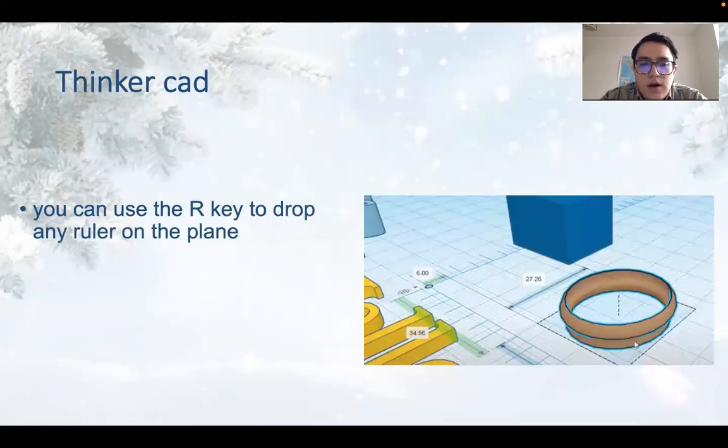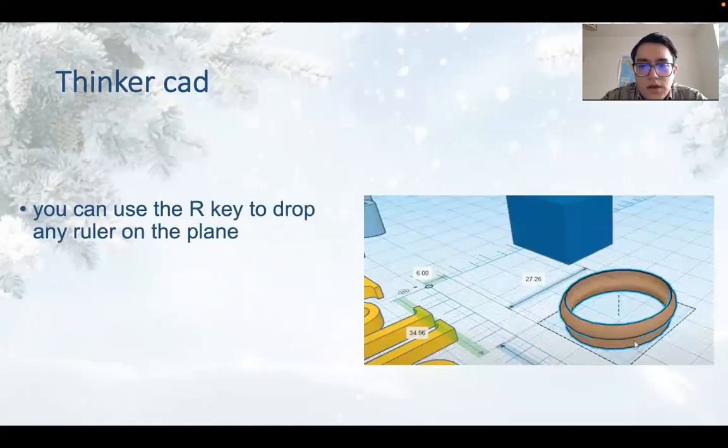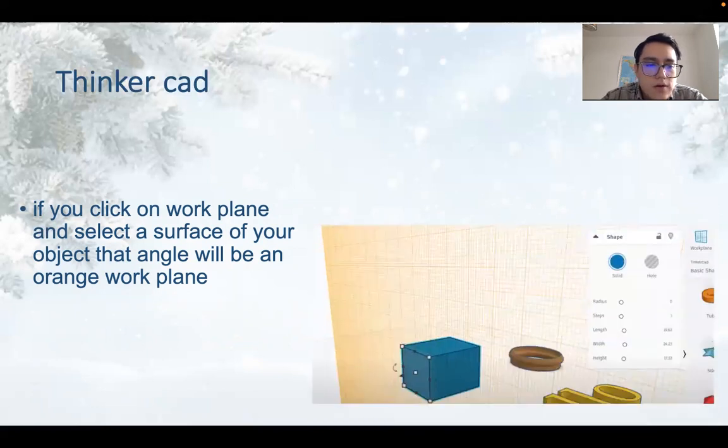You can use the R key to drop a ruler on the plane. So R key will help you to have the ruler here. If you click on the work plane and select the surface of your object, that angle will be an orange work plane.